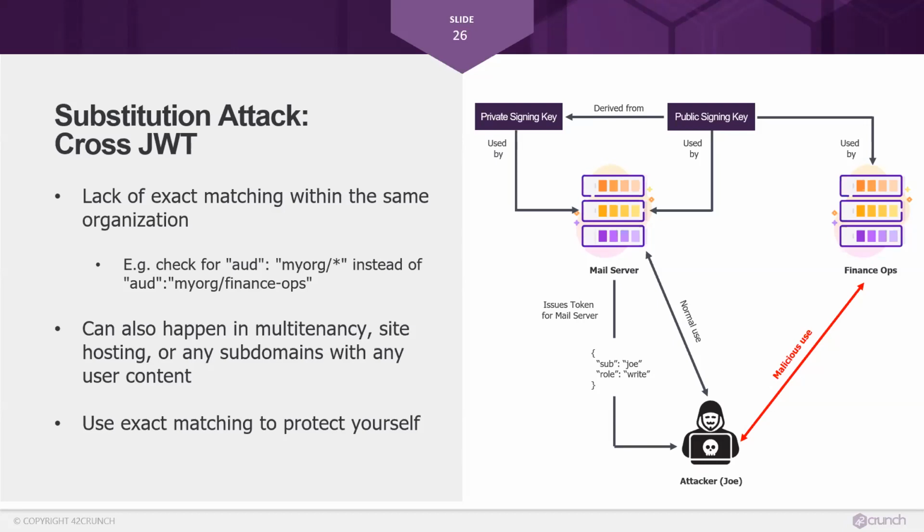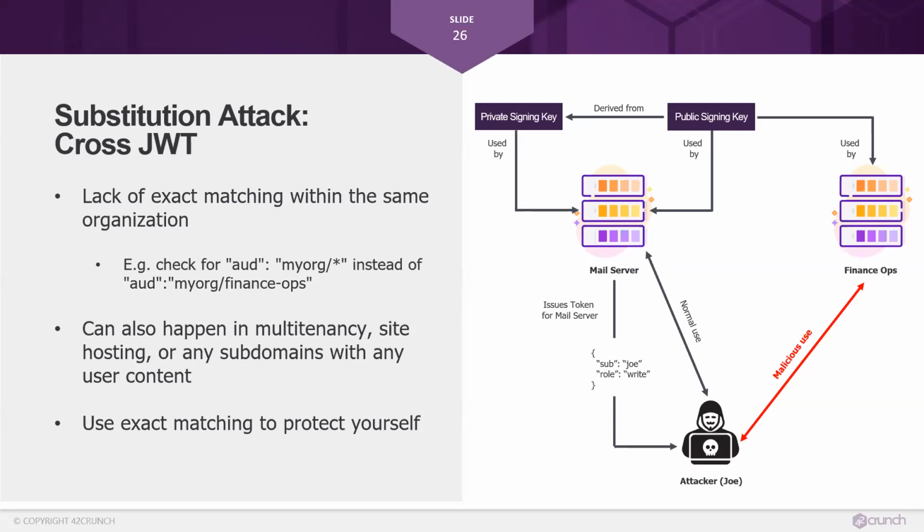So there are quite a few of these. Auth0 was broken with that a couple of years ago, for instance, and the story is nice. You can find that on Google. No problem. But the point is that there is a lack of exact matching with the audience claim in the JWT token.